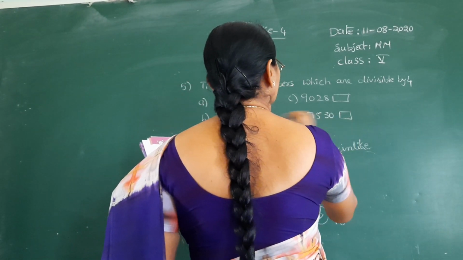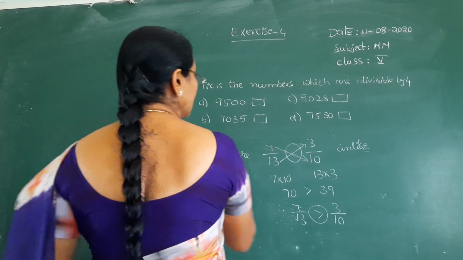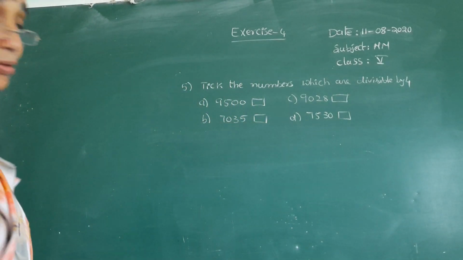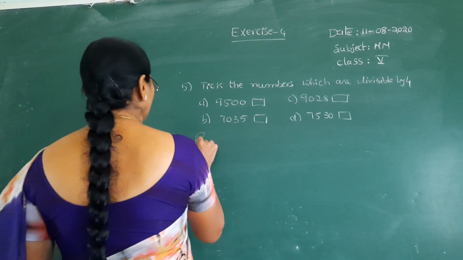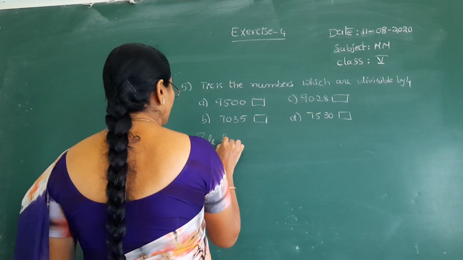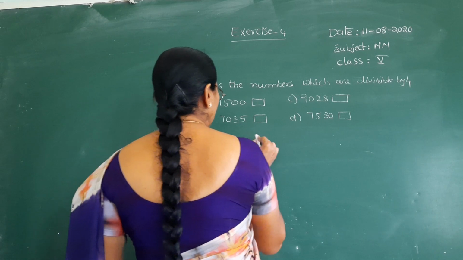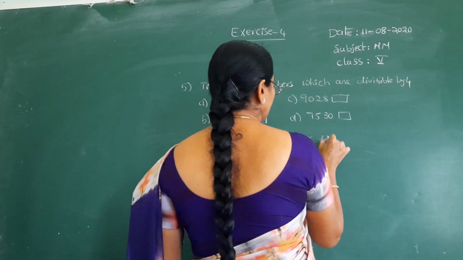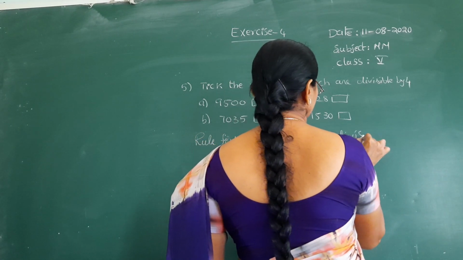In 4th class, we learned the divisibility rule for 4. So, what is the divisibility rule for 4?